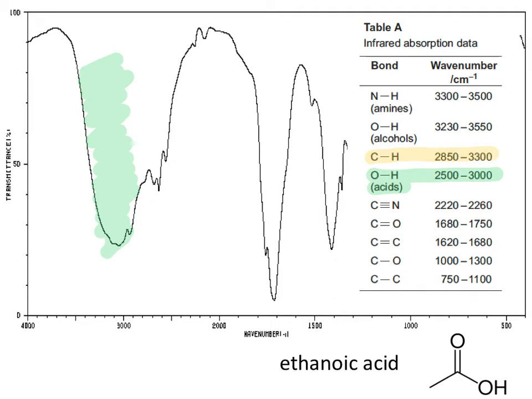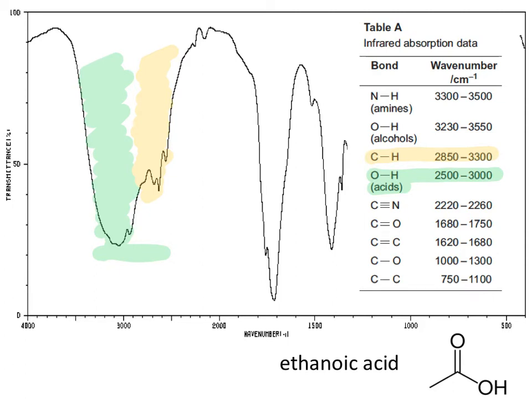If you look at those two sets of wave number regions with the CH and the OH, you'll see that there's an overlap between them, and that is why we get this really broad peak, because essentially they've merged together. But as far as you're concerned, this is our OH group from a carboxylic acid.